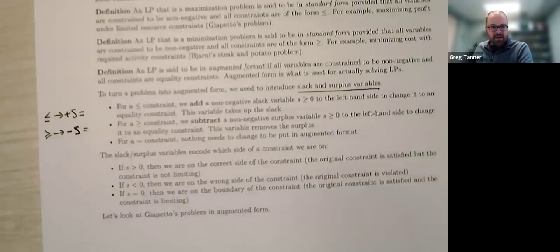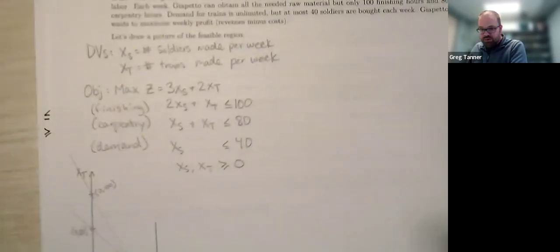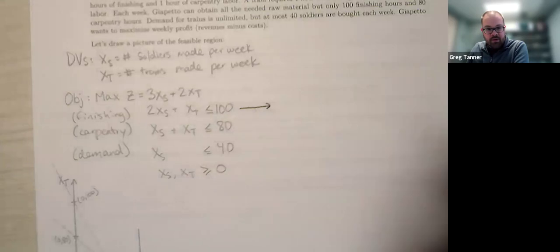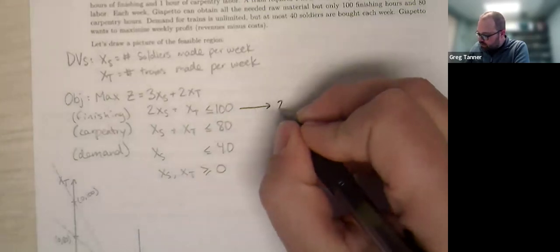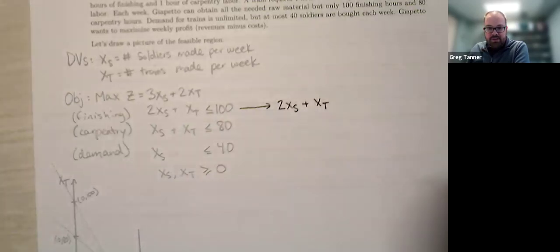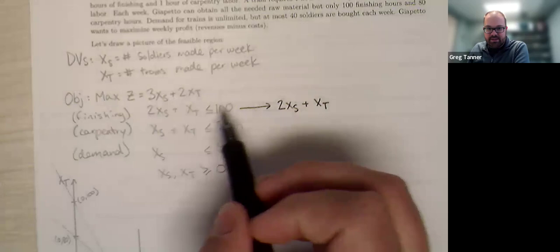Okay, so let's actually add those variables and change the constraints for Geppetto's problem. In Geppetto's problem, we've got all less than or equal to constraints. So for each constraint, we'll add a new slack variable to take up the extra slack. For this finishing constraint, we're going to have 2xs plus xt, and then we introduce a slack variable to pick up any extra that might make this less than 100.